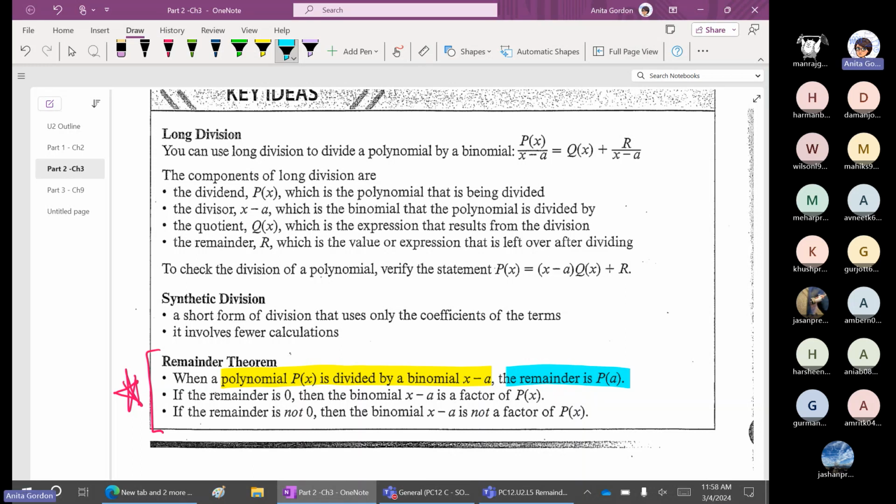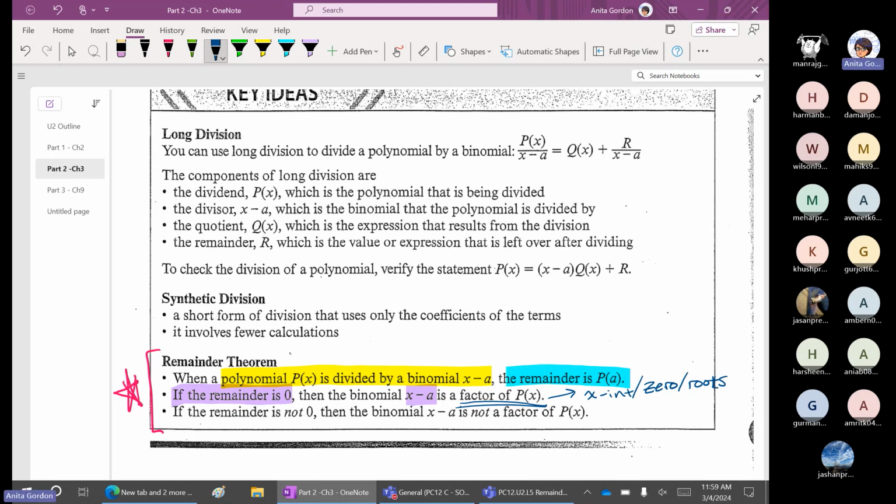Okay, now, if we have a polynomial evaluated at that point and the remainder is 0, then we say that x minus a is a factor of p of x. In other words, I can also call it an x-intercept, or a 0, or a root, or any of those words that we have used.